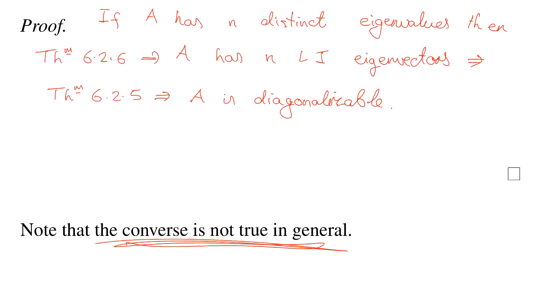Often this business of having repeated eigenvalues gets called degeneracy, especially by physicists, but there's nothing terribly interesting about it. It's just a question of the dimension of your eigenspaces. Your eigenspaces can be bigger than one. Doesn't mean you're not diagonalizable.